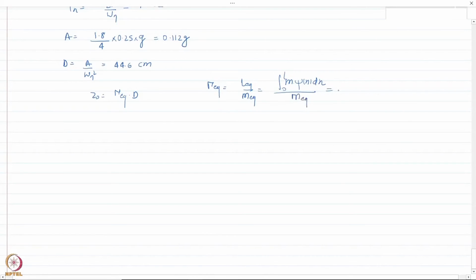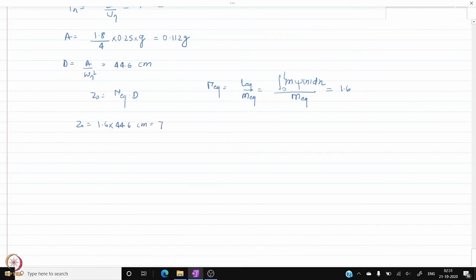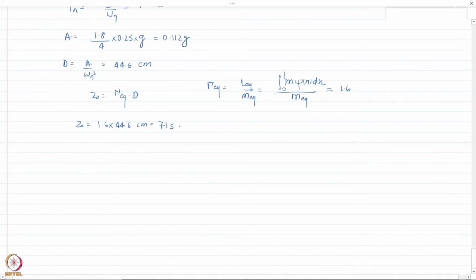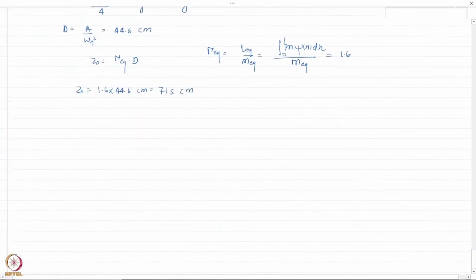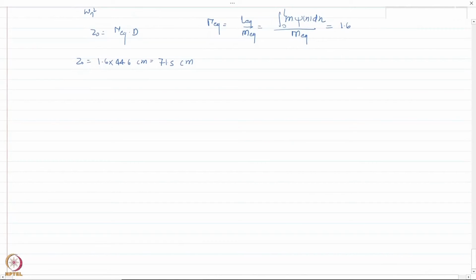You can substitute all those values and you will get this as approximately equal to 1.6. So that your Z naught becomes 1.6 times D, which is 44.6 centimeter, and this comes out to be approximately 71.5 centimeters.